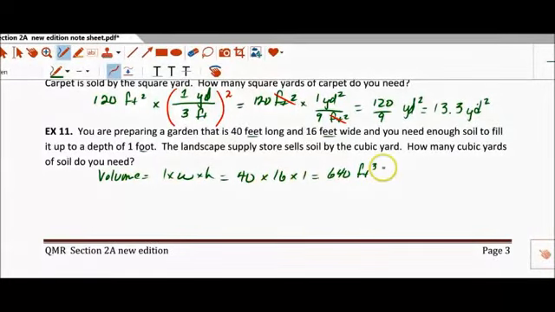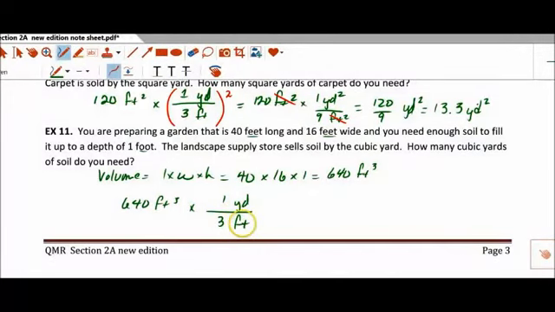It's volume, so it needs to have a cubic answer in the units. Now let's take that cubic foot measurement and convert it to cubic yards, and we're going to again use our yards to feet. I want yards at the top and feet at the bottom because I want feet to cross cancel. In 1 yard, there are 3 feet.